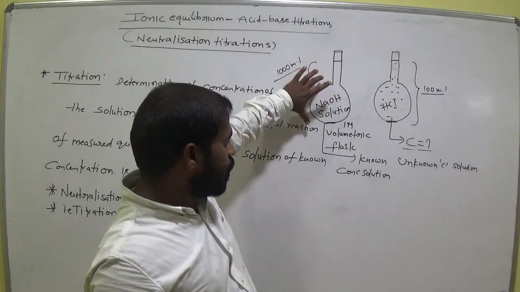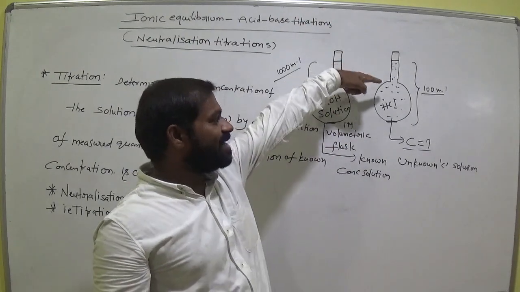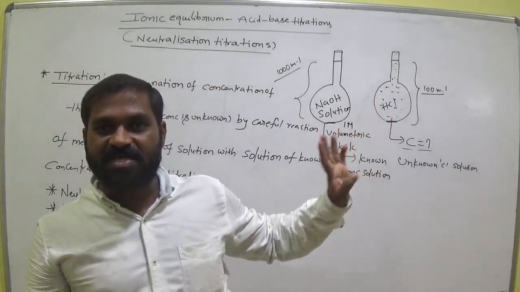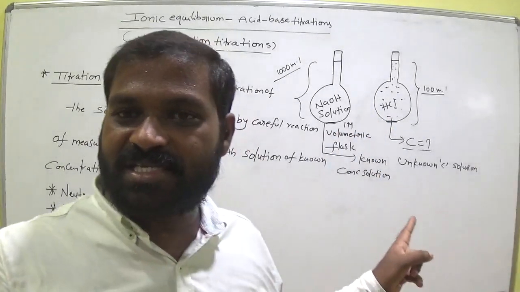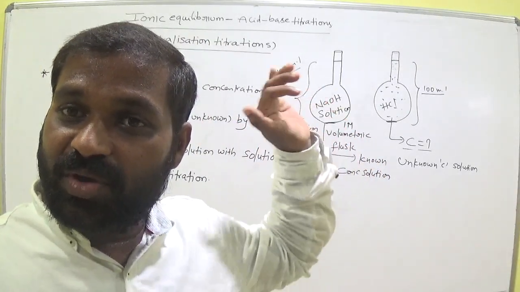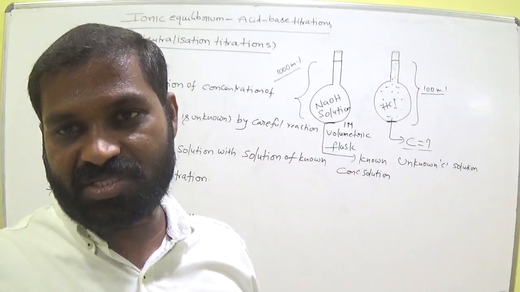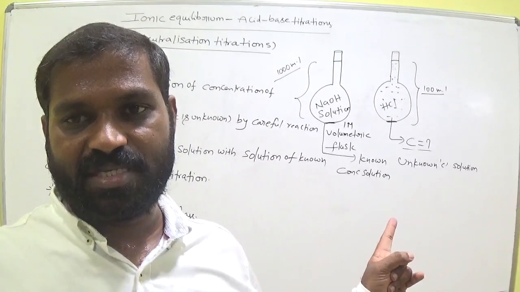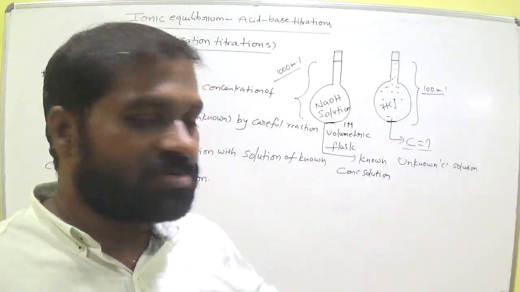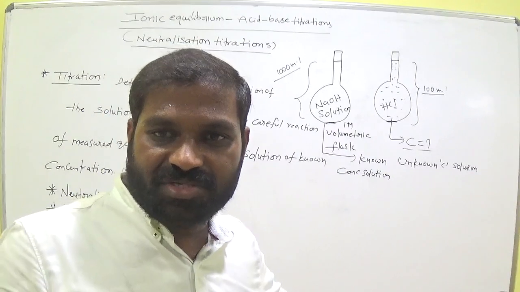By using the known concentration of the NaOH solution, we have to calculate the concentration of that HCl solution. We don't know the concentration of HCl here, but we know the concentration of the NaOH solution. So we can calculate the concentration of the unknown solution by using the known concentration solution. Is it clear?